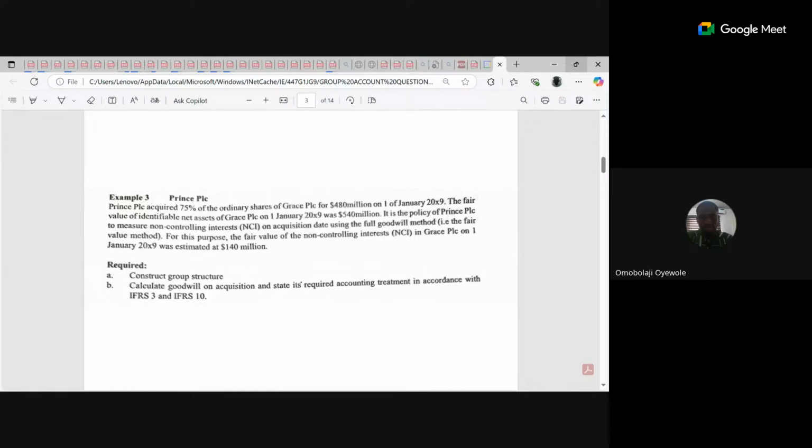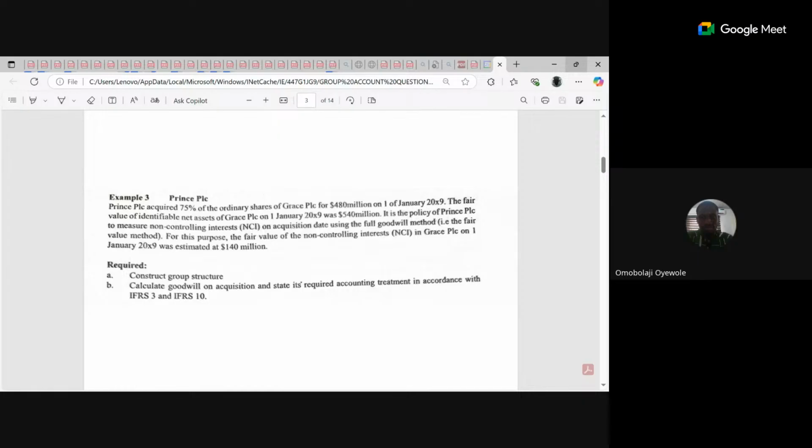Anytime the question tells you to measure NCI using fair value, two things: either the question gives you the fair value of the NCI, or the question gives you information on how to calculate the fair value of the NCI.